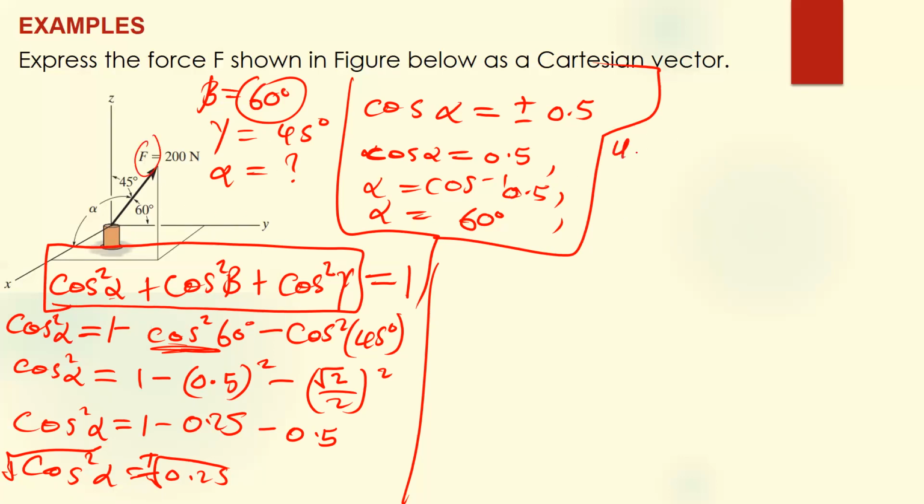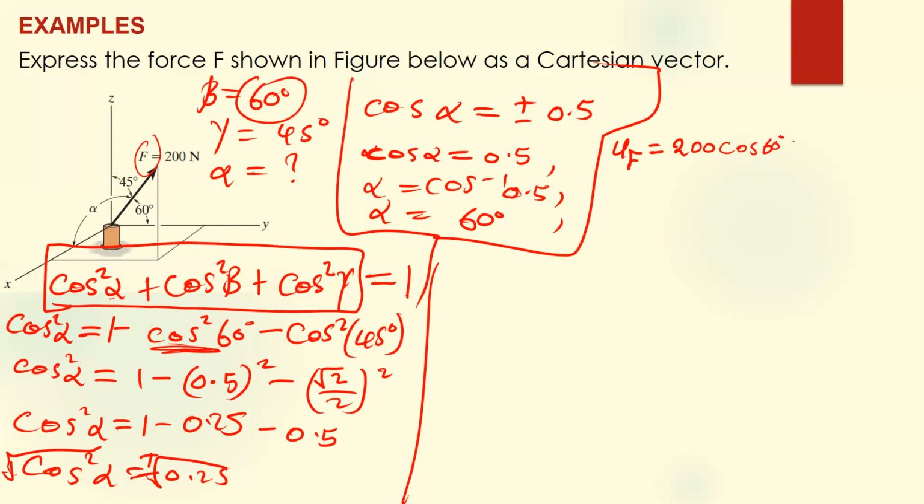So the unit vector in the direction of F is simply just going to be what? So this will be 200 cos alpha. My alpha is what? 60 degrees.